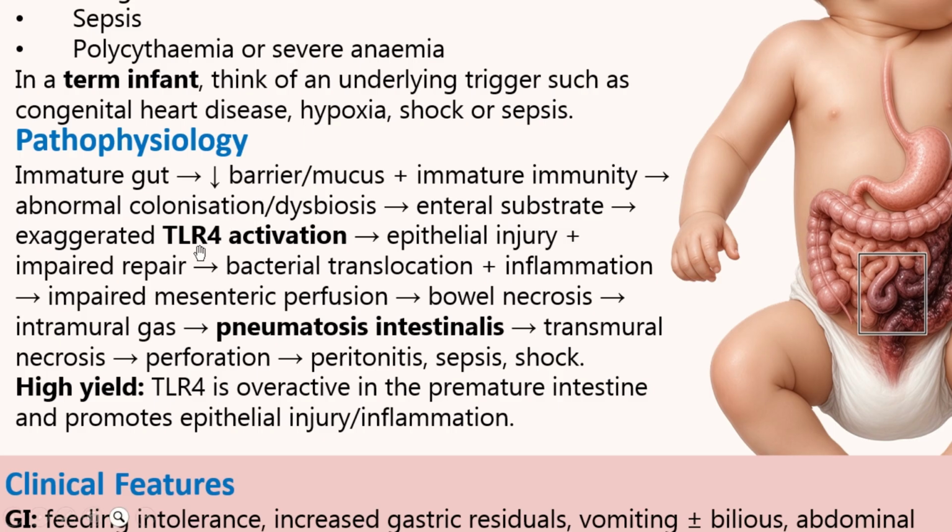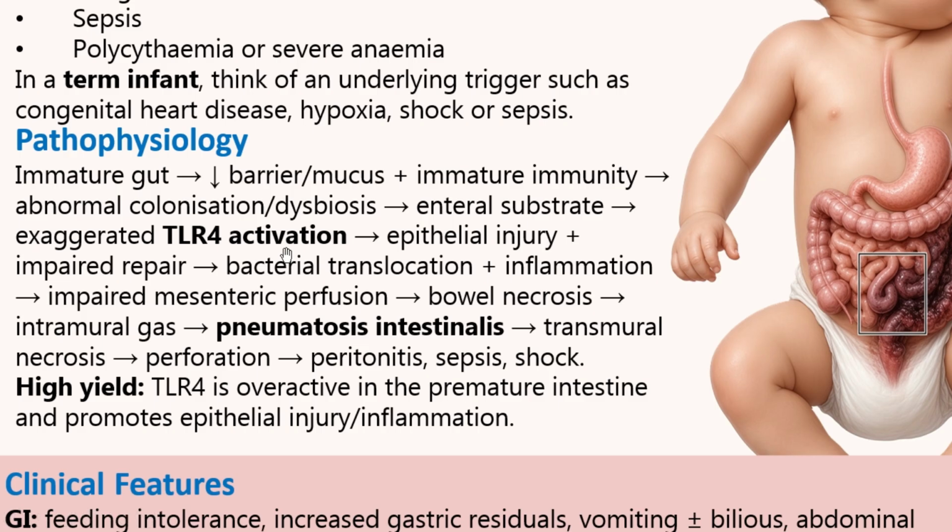And the premature intestine has an exaggerated toll-like receptor activation. So these toll-like receptors are going to overreact to the lipopolysaccharide, that particular component that is found in the cell wall of the gram-negative bacteria, and that is going to trigger the toll-like receptor activation, which is going to trigger the immune system.